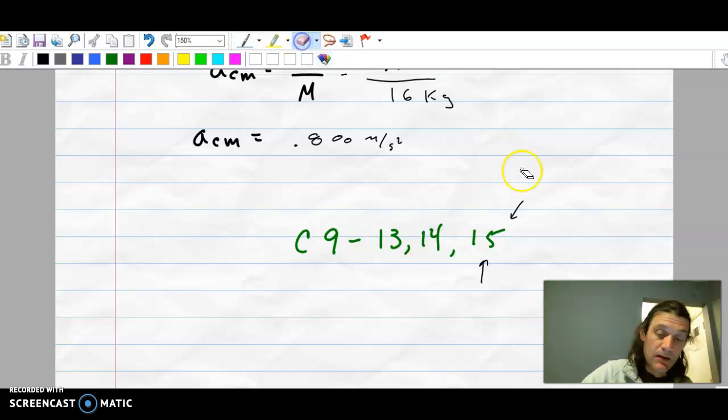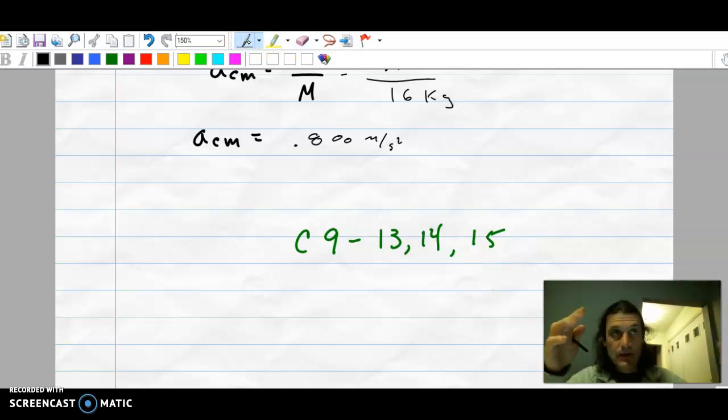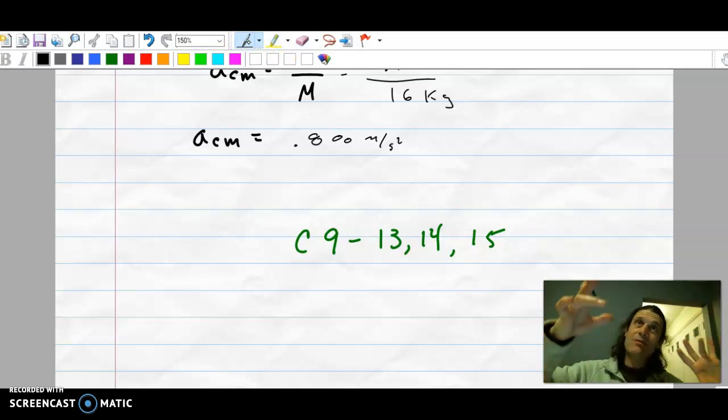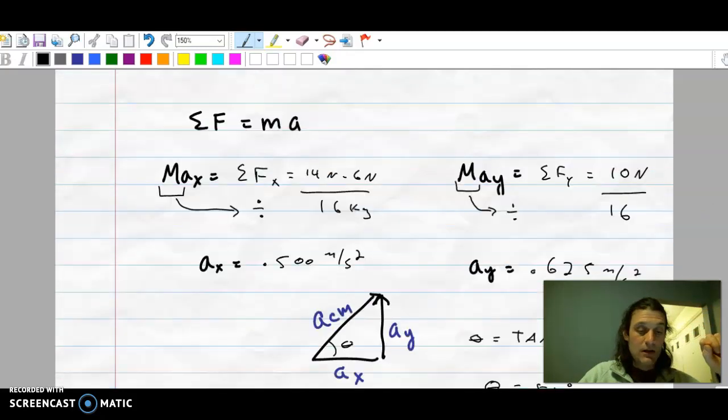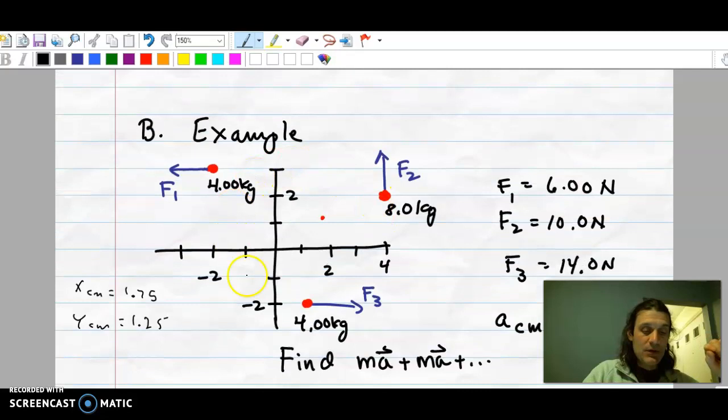But again, this one is the next section. We're just going to keep moving, finding our centers here. Just because there's a system of masses that move doesn't mean the mass whole doesn't move right along with it. The center certainly does. In this case, for this particular set of 3 items, as these guys move, this center mass will accelerate that way, which we said was 51 degrees, and its acceleration is 0.8 meters per second squared.